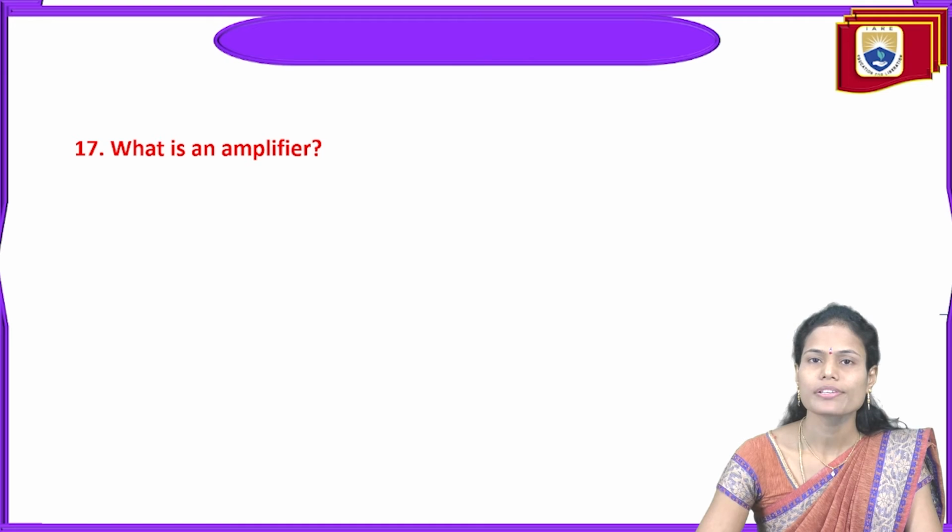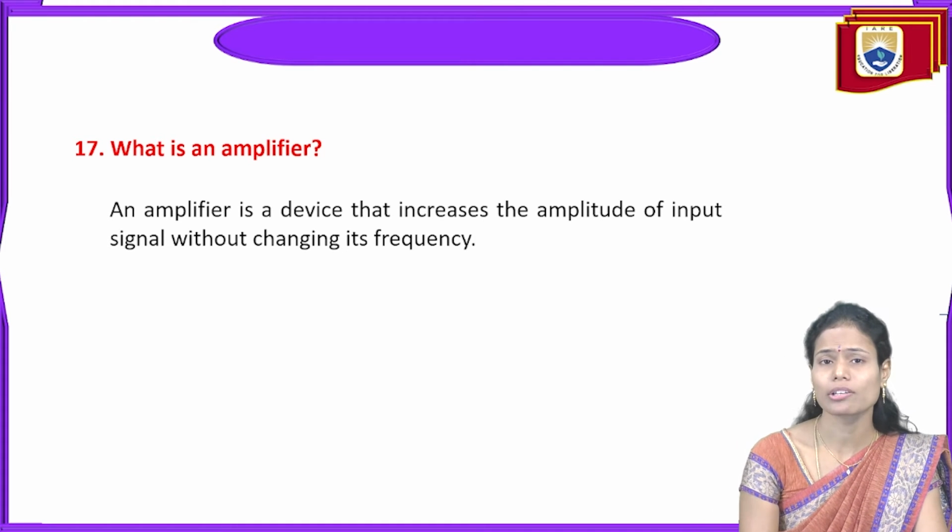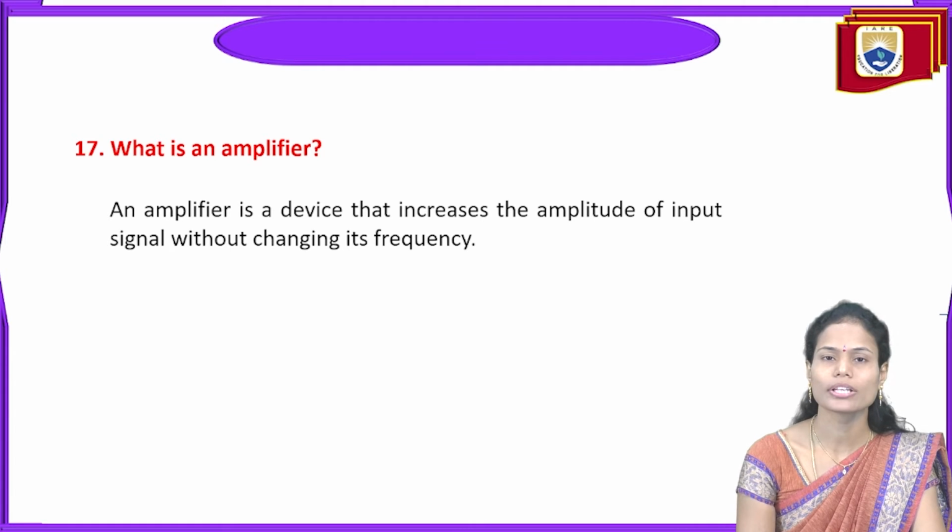So next, what is meant by an amplifier? The amplifier is a device which is used to amplify the applied input signal without changing its frequency. That is, it will improve the amplitude of the signal. It will not vary the frequency or phase characteristics of the signal.